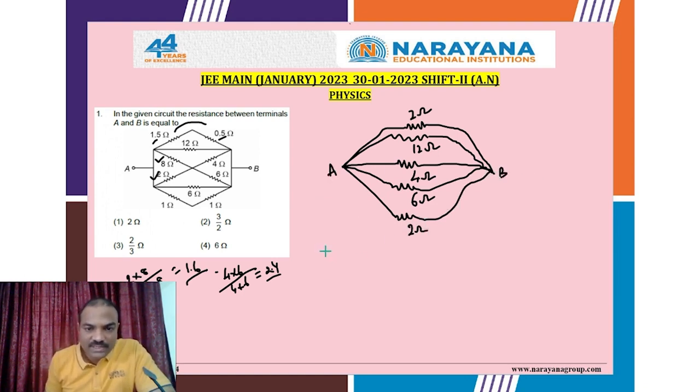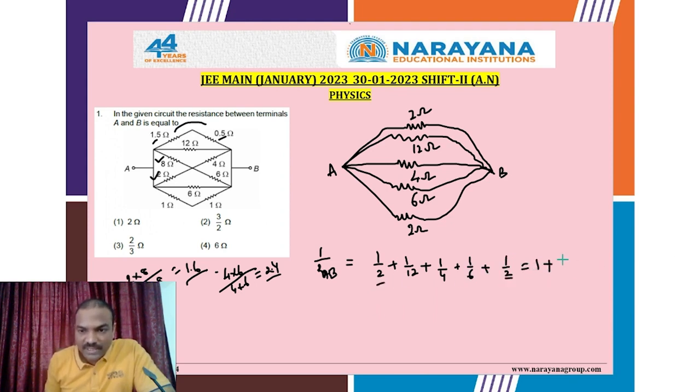So the effective resistance between points A and B is given by 1 by RAB equals 1 by 2 plus 1 by 12 plus 1 by 4 plus 1 by 6 plus 1 by 2 again. The four 1 by 2 terms, if I add them, will become 1. 1 by 12 I keep as it is. Then 1 by 4 and 1 by 6, with simple mathematics, go for LCM, will be 5 by 12.